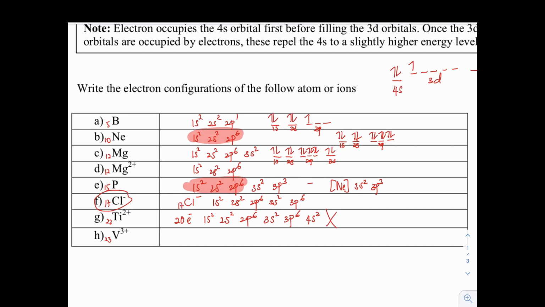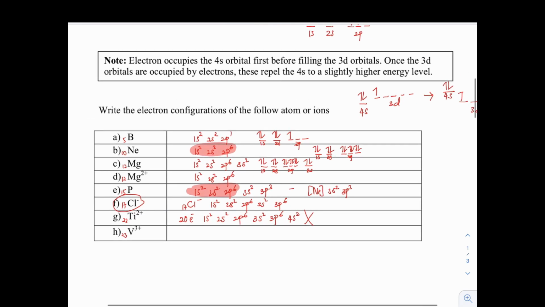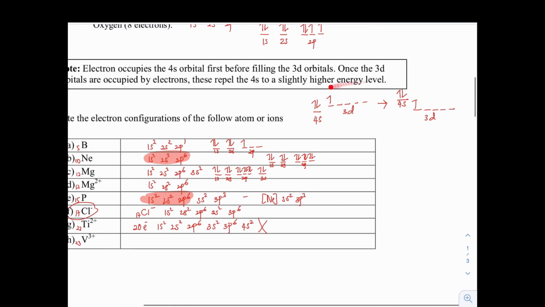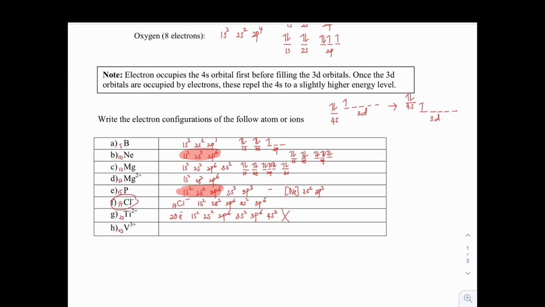Why is that so? Because when we want to write electronic configurations of transition elements, we have to take into account the concept that I have just explained. So therefore this whole thing is wrong.